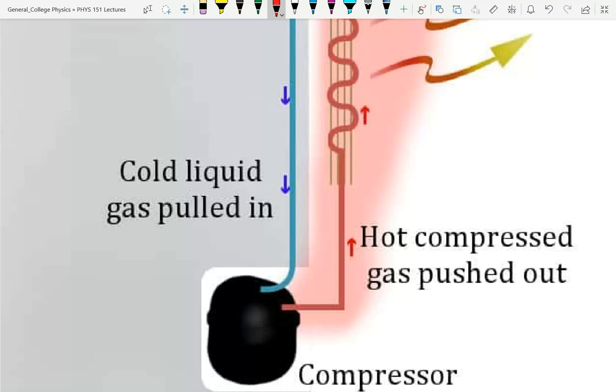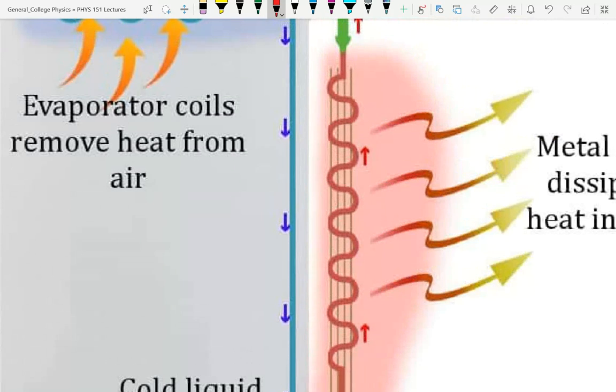So this hot refrigerant then goes through coils outside of your refrigerator. And you have room temperature air out there. Coils with hot refrigerant in them, air out here, the air comes by. You're going to transfer heat from the coils to the air, making the air warmer and cooling the coils. So by the time the refrigerant's gone through the series of coils, it's reached roughly room temperature.